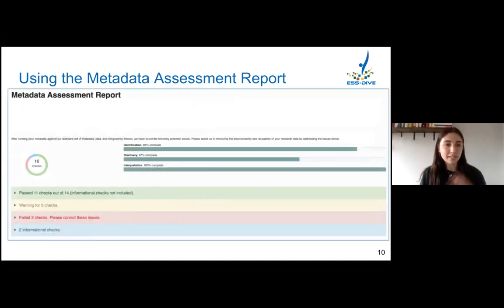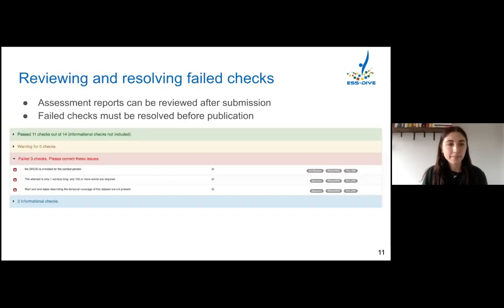So this is what a metadata assessment report will look like. As you can see, it assigns a percentage score for the categories identification, discovery, and interpretation, which are based on the FAIR principles, but tailored specifically to ESS-DIVE. You can review your data package's assessment report after submitting, although it may take a few hours to be generated, meaning that you can review your failed checks before requesting publication.